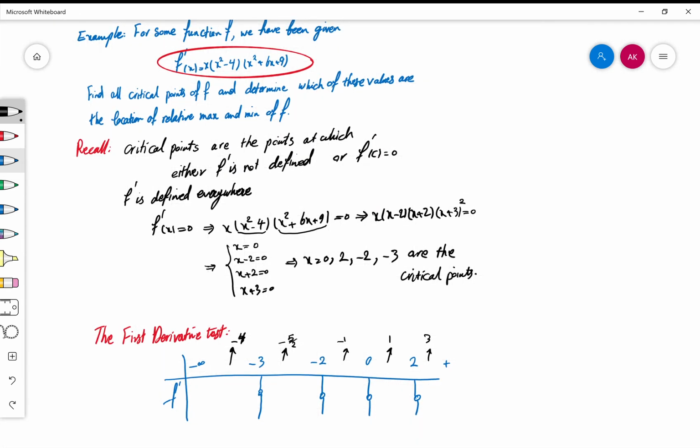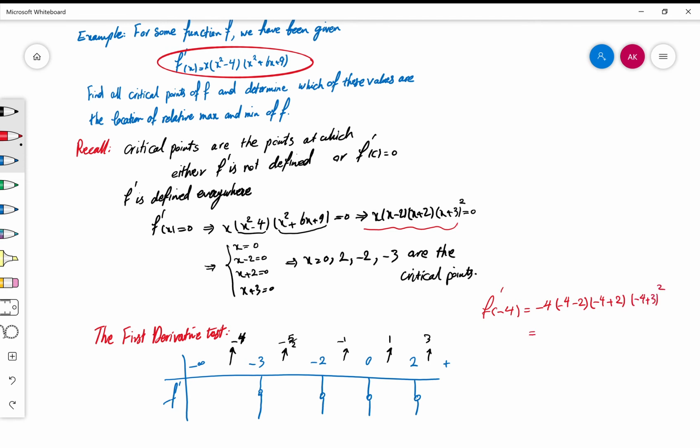Okay, well, we have to evaluate f prime at the given test values. So at negative 4, for example, I will use this version of f prime. So it will be negative 4 times negative 4 minus 2 times negative 4 plus 2, and then negative 4 plus 3 squared.